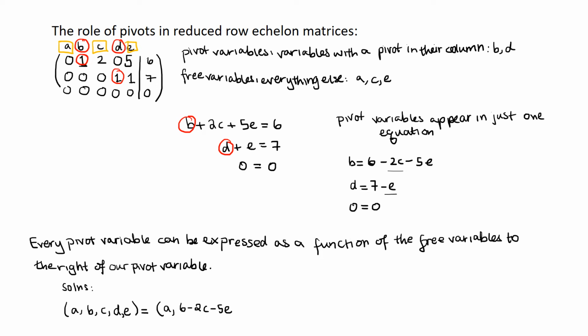So for B, I'm using the function 6 minus 2C minus 5E. C is free, so it can be anything. D needs to be 7 minus E, and E is free. So you can see that our free variables occur just as themselves in the solution set, while our pivots occur just as rewritings of the equations which contained that pivot variable.